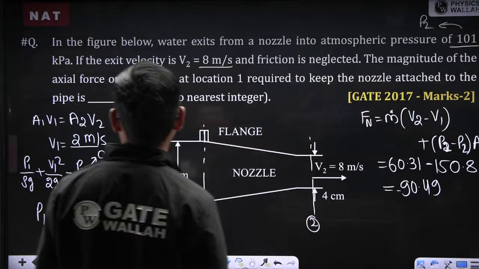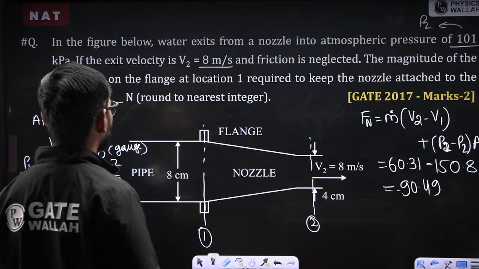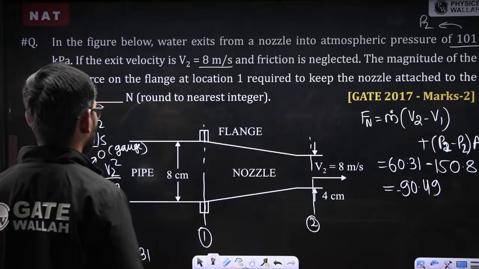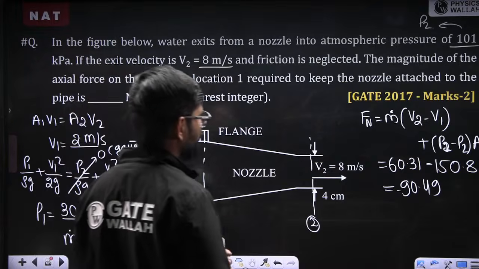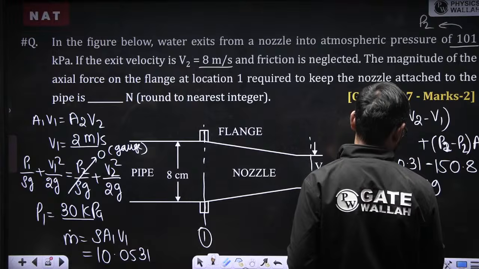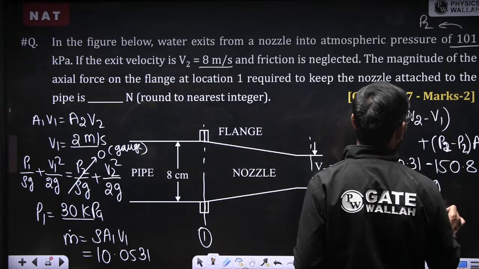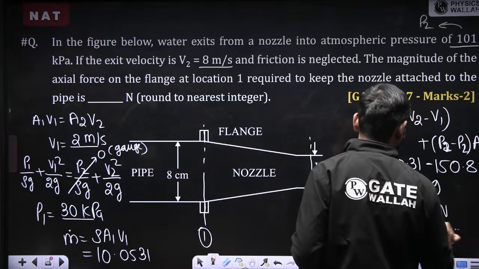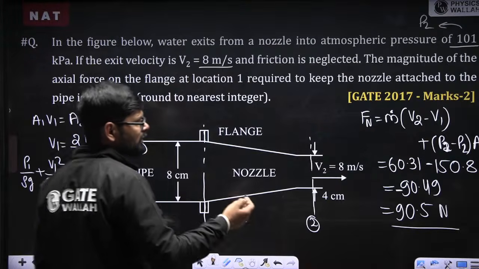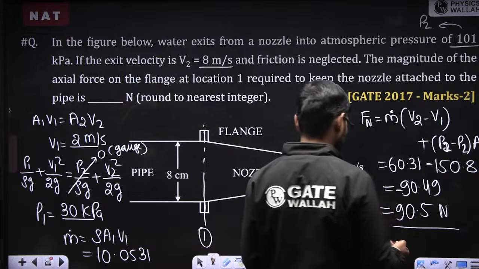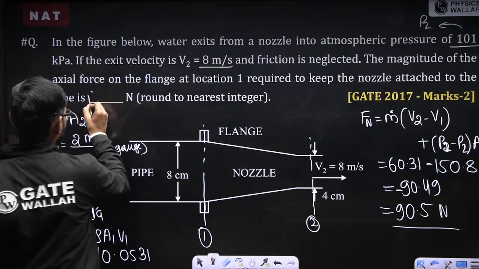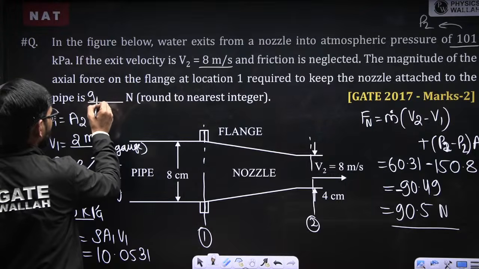Right. So the axial force at flange location 1, attached to the pipe, they are asking. Magnitude only they are asking. 90.5 Newton. Nearest integer you have to write. 90.5.